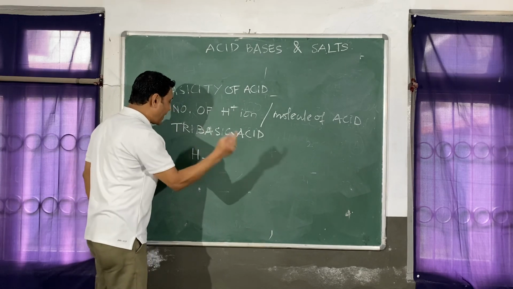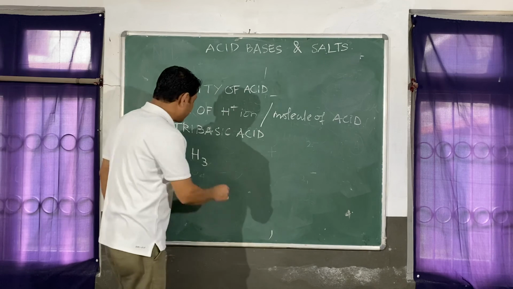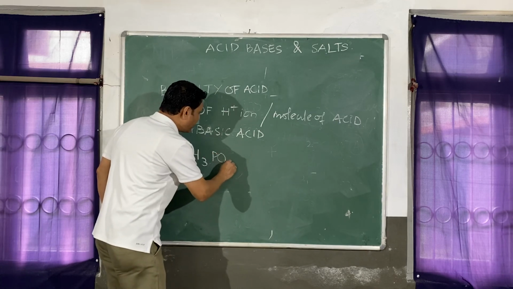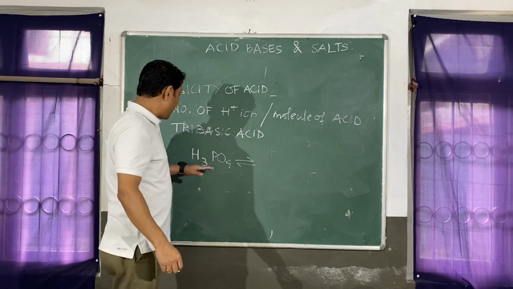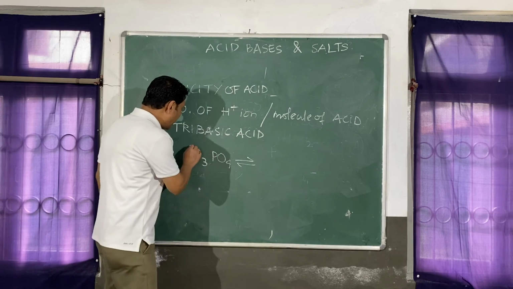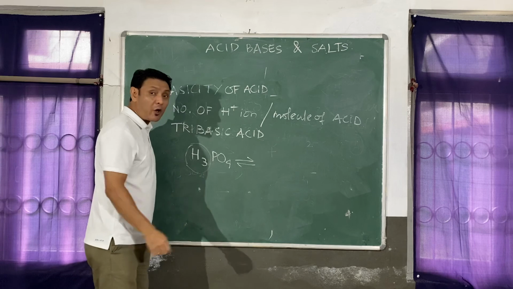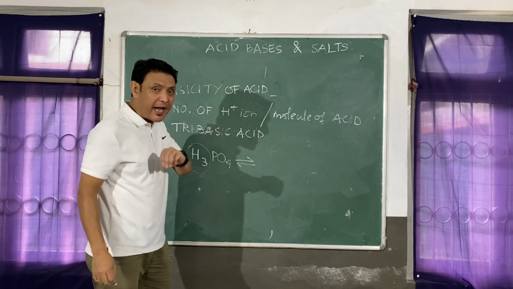So we'll talk about only one acid, that is phosphoric acid, H3PO4. Now it is dissociating in its aqueous solution. Now how many atoms of hydrogen are there in one molecule of phosphoric acid? There are 3 atoms of hydrogen.